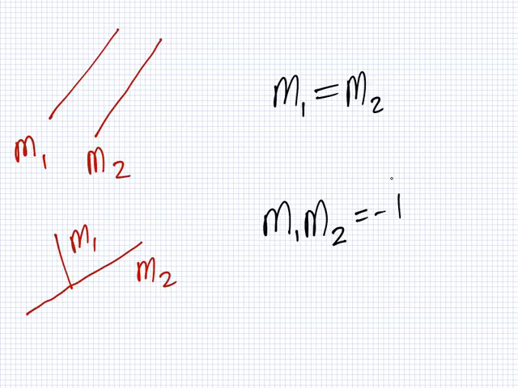So just to get warmed up, I'm going to give you two lines, and I want you to tell me if they're parallel or not. Okay? Can I scroll down? Okay, so here's the first line: 2x plus 3y plus 5 equals 0.